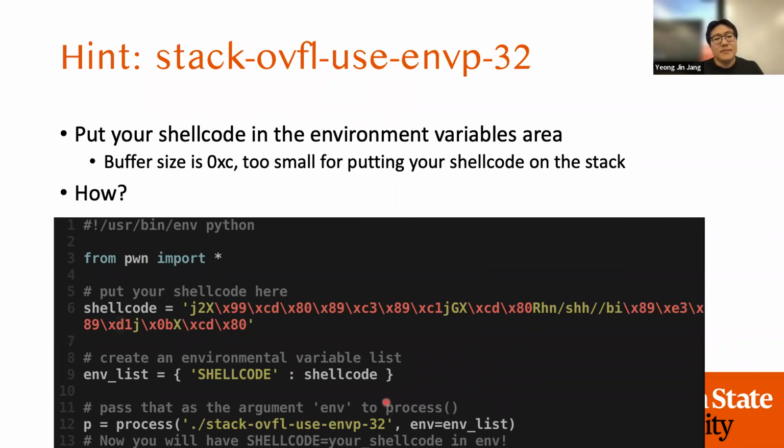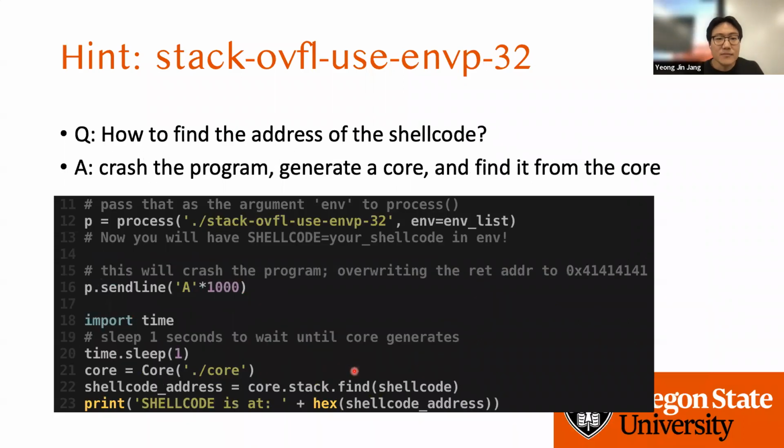Your question might be, how can you find the address of the shellcode? I will tell you one easy way: try to make the program crash. For example, after setting the environmental variable, what I send is just a lot of A's and then it will crash and generate the core file.